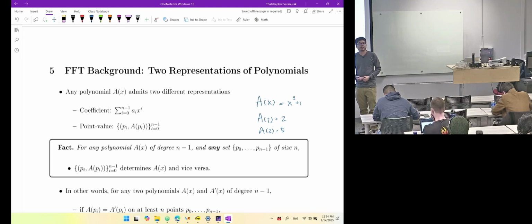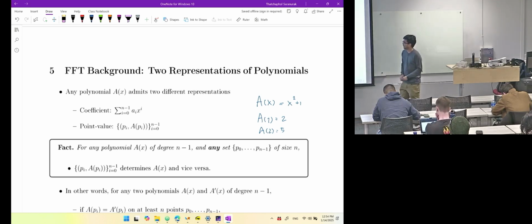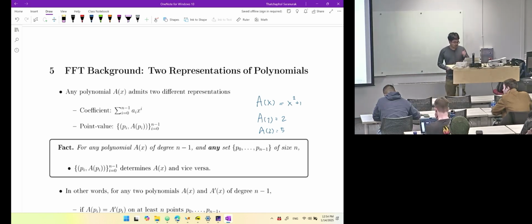The set of points is just a set of x coordinates, because we write A of pi. You can think of pi as the x coordinate and A of pi as the y coordinate.